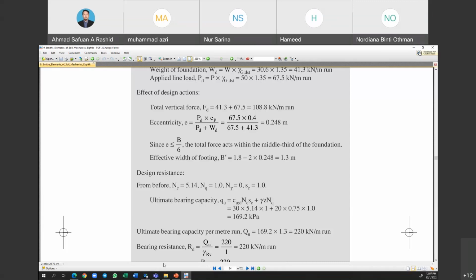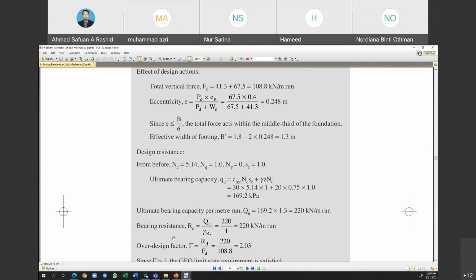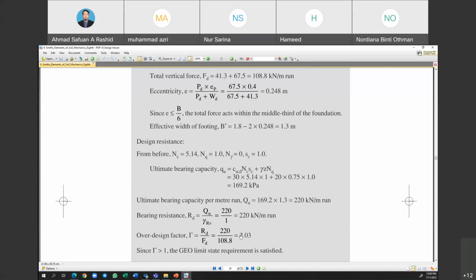Okay, so the bearing resistance is equal to 220 over 1, which is the gamma RV. So we obtain 220. Okay, so the difference between the RD and FD means that the RD is greater than FD, so it is already satisfied with the Eurocode 7. In terms of ratio, the RD over FD is 2.03, which is greater than 1.